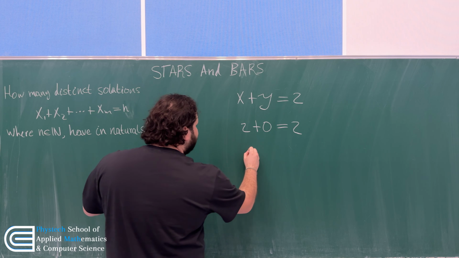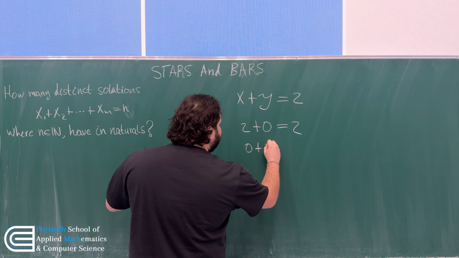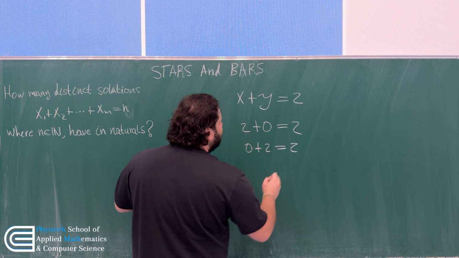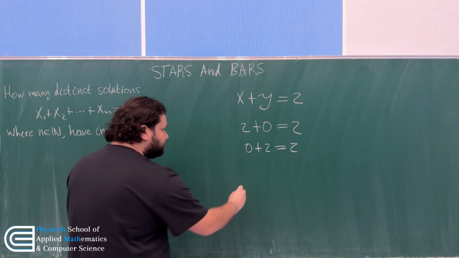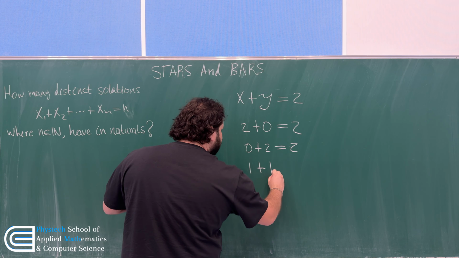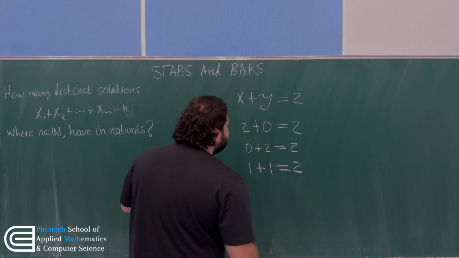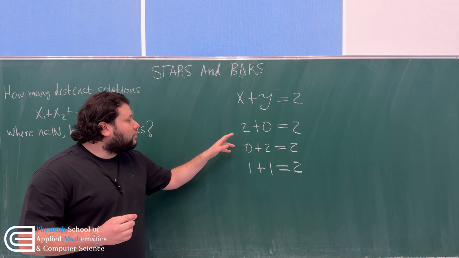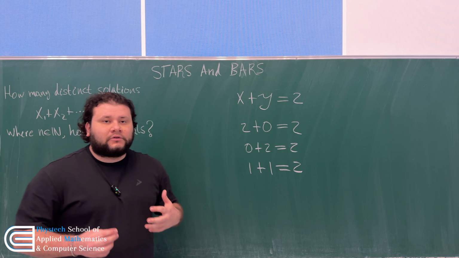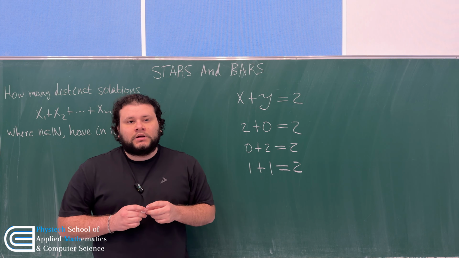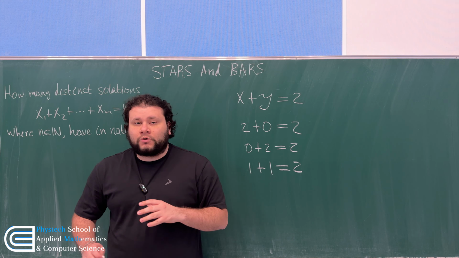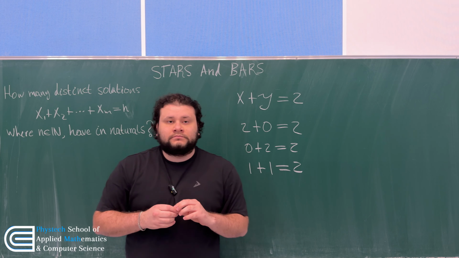We can also have 0 plus 2 equals 2. And the last one is going to be 1 plus 1 equals 2. It means that these are all the possible solutions that we have for our equation. And we want to compute that for the general case.